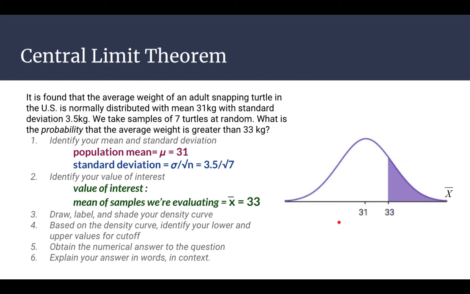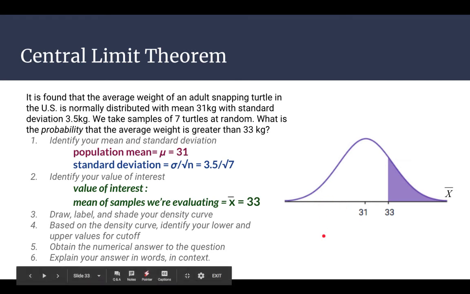So we are not using the empirical rule, especially when you're talking about the central limit theorem. We are definitely not using the empirical rule. So I do not expect to see any standard deviations written in here. I don't expect to see 31 minus 3.5 and that value minus 3.5, so on and so forth.